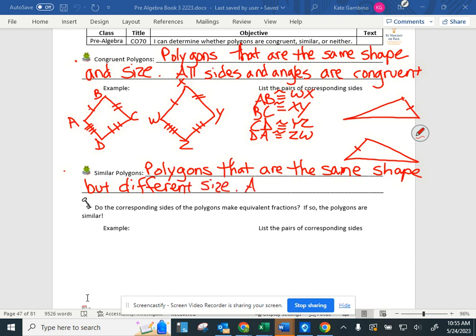So that means our angles are congruent. And the sides, and this is important, sides are proportional. So they're getting bigger or smaller at the same rate.